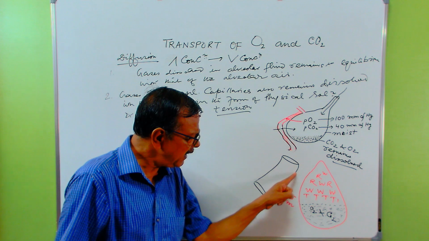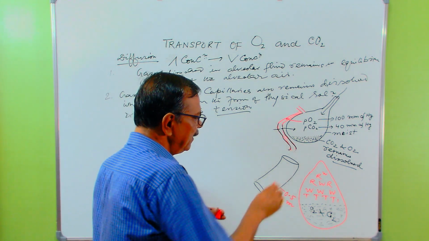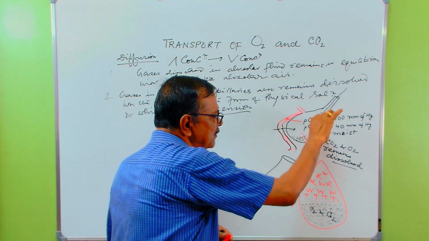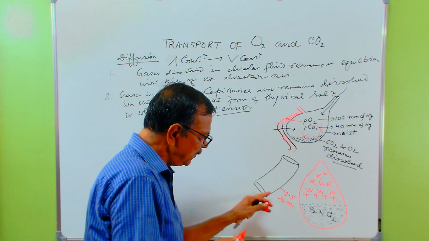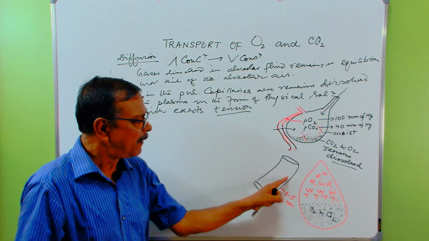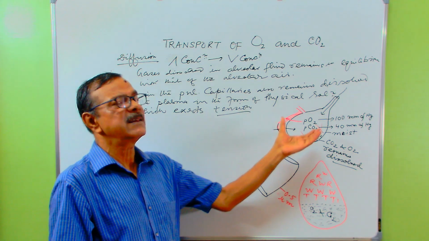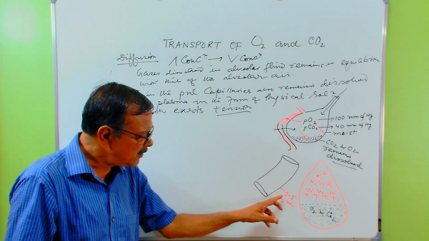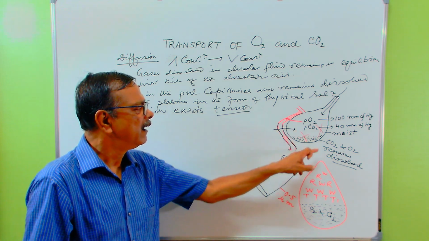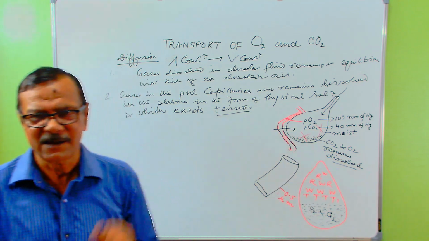So it is very thin. It is so thin that it remains like this. This thin pulmonary capillary membrane, which forms a network over the alveolus, is 0.5 millimeter, which helps in transportation or diffusion of respiratory gases.